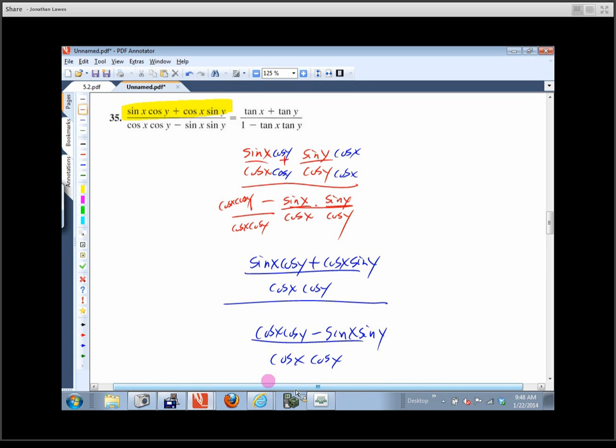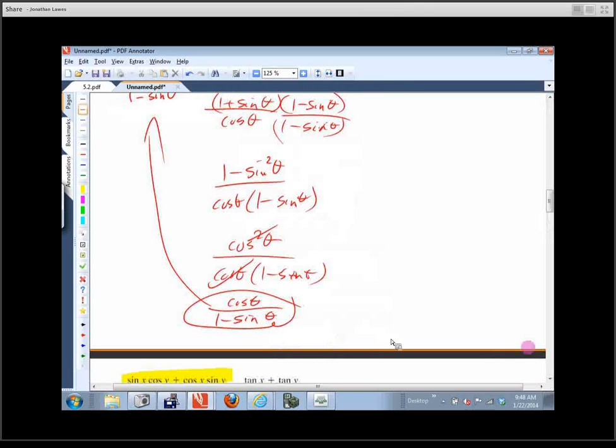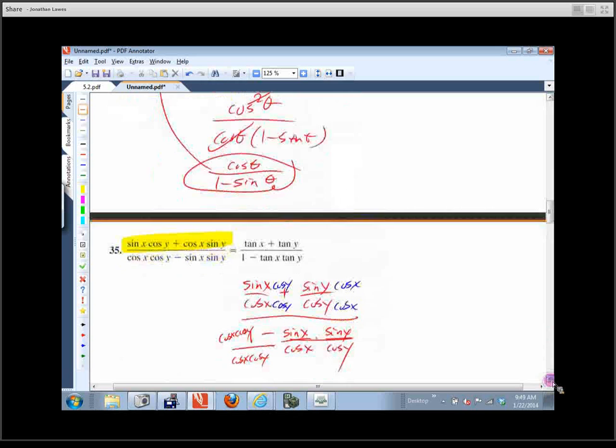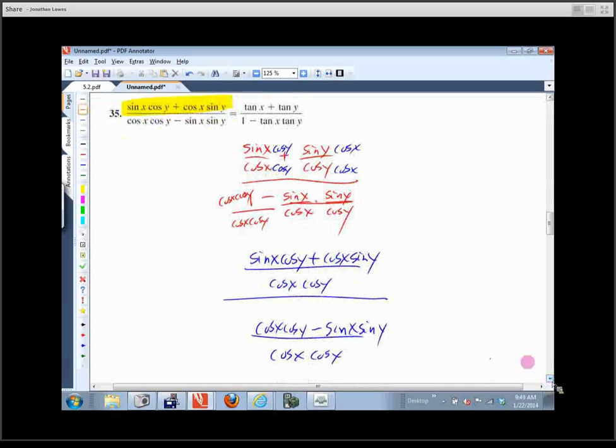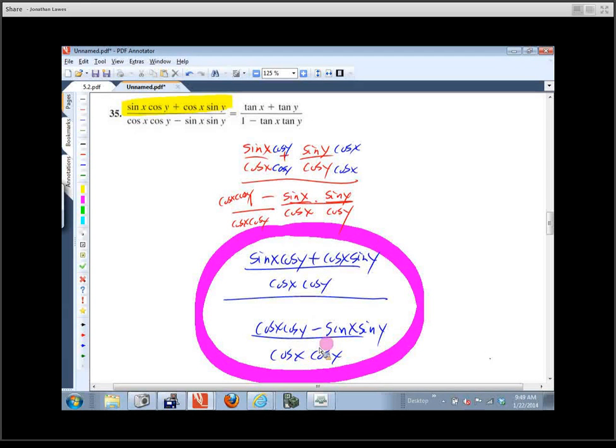Okay? Well, let's talk about what you do. What do you do with this right here? Take this bottom fraction, that is one single fraction.